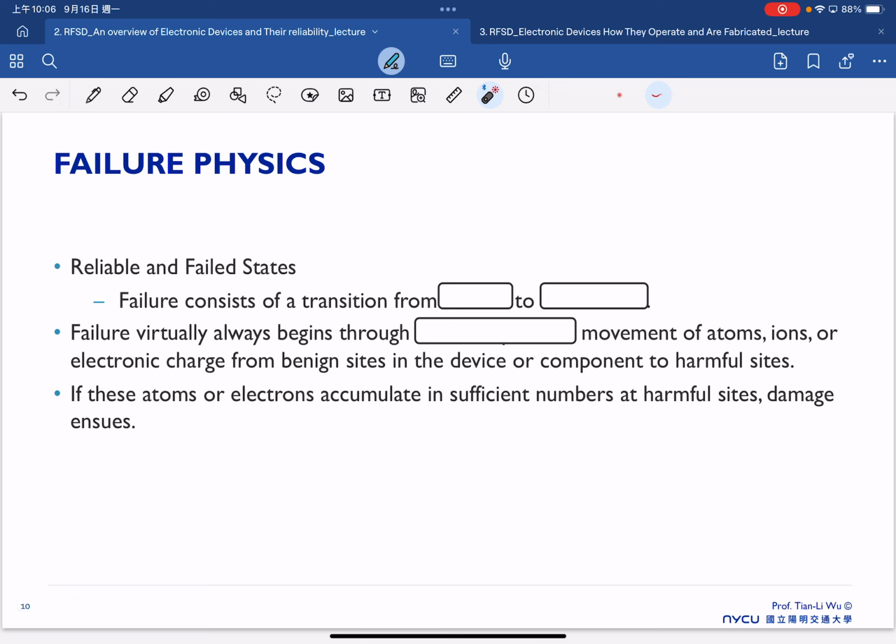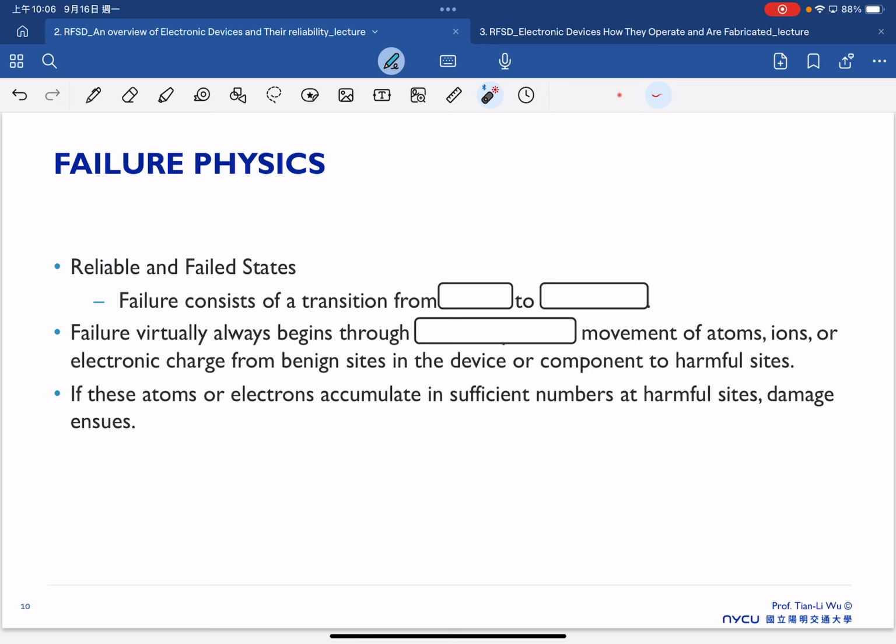Now, as a semiconductor engineer, one thing for sure we need to understand is how we do the characterization and how we do the reliability testing.